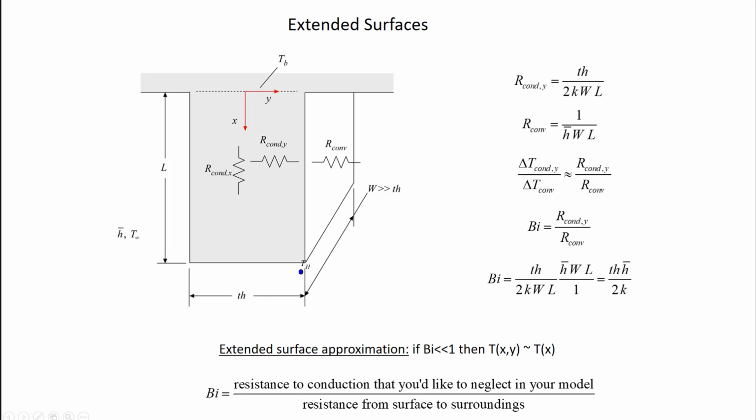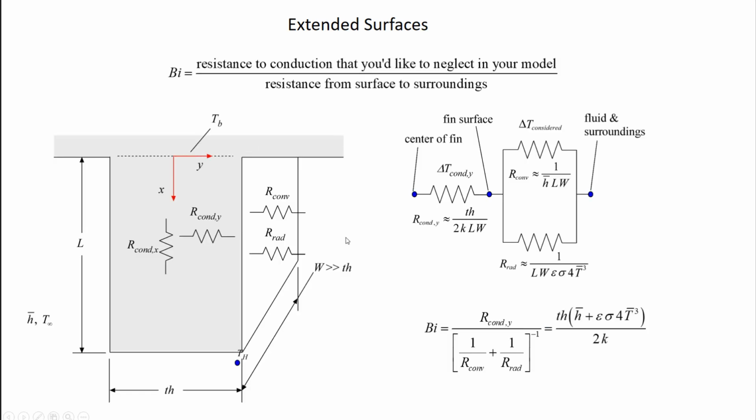The concept of a Biot number that you need to remember is the Biot number is the resistance to conduction in some direction that you'd like to neglect temperature gradients, right? So this is basically the resistance to conduction that you'd like to just throw away as being not important, right? And you're going to then compare that resistance to the resistance from the surface of the object to the surroundings, right? So that's the Biot number, and it doesn't always have to be just like we did here, R conduction in the y direction divided by R convection.